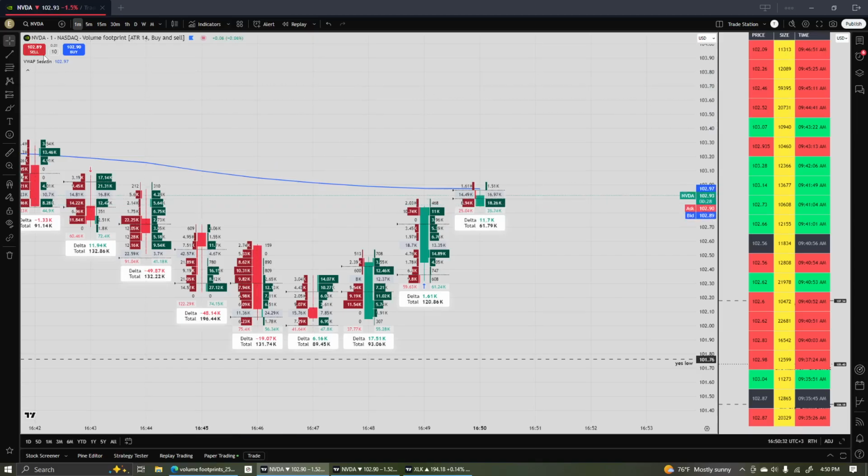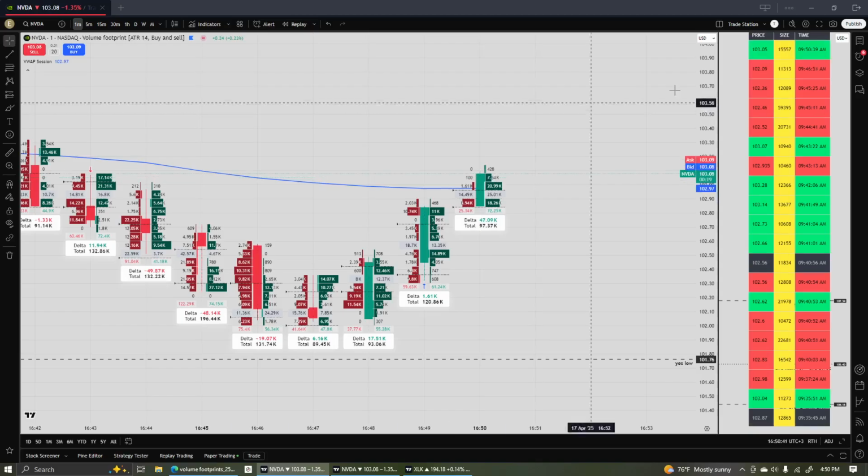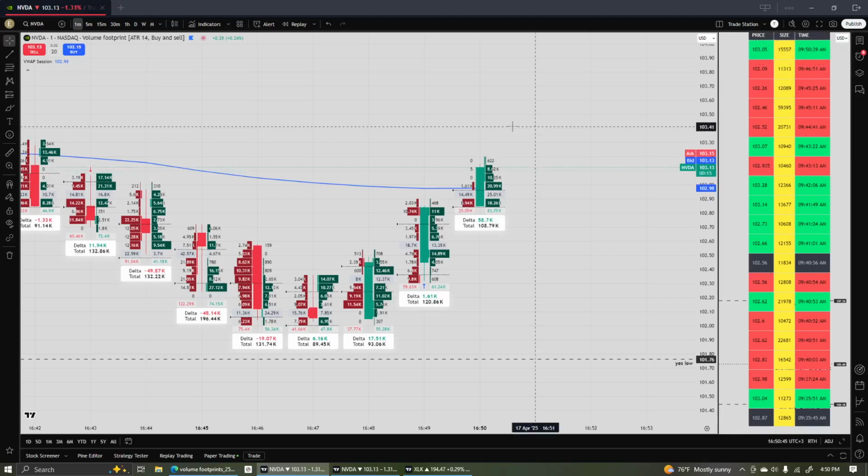A lot of green delta, but not enough. I'm seeing big buy orders being placed. Anyway, plus I'm starting to feel my brain a little bit exhausted before I go into overtrading.